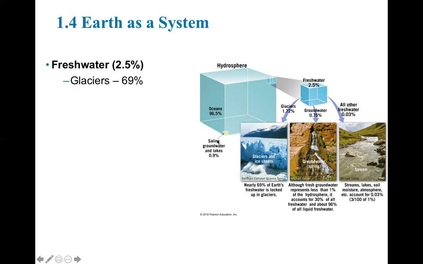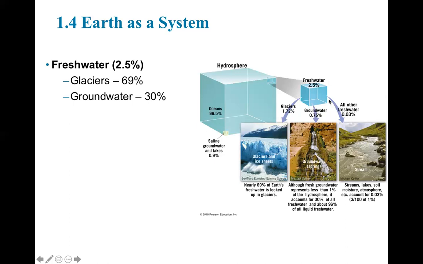So again, fresh water, 2.5%. That's not a whole lot of the water on the planet. Most of that's locked up in the glaciers, 69% of all the fresh water. And then the groundwater is our next component. Again, we're breaking down the fresh water. So now we're going to just look at the fresh water, ignoring all this 96%. 69% of the fresh water is glacier, 30% of fresh water is groundwater, so underneath our feet.